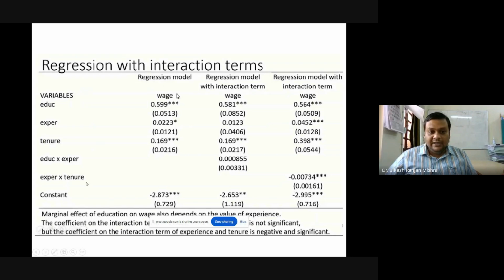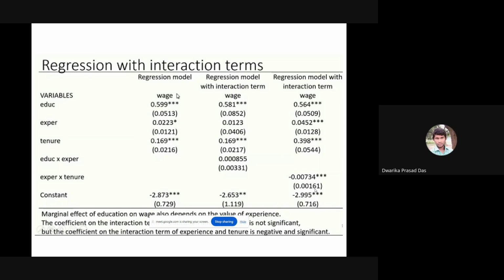That means experience independently positively affects, tenure independently positively affects, but when they jointly affect, the joint effect is found to be negative, indicating that they are actually contributing to each other inversely. That means experience and tenure are actually clashing with each other.